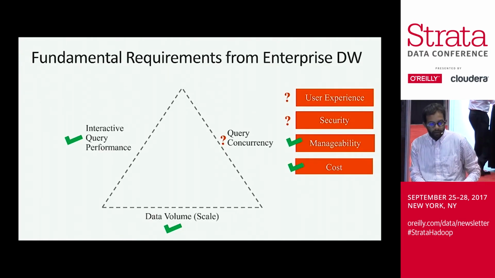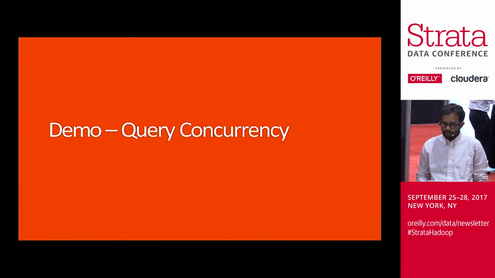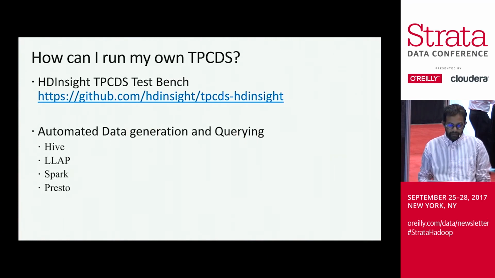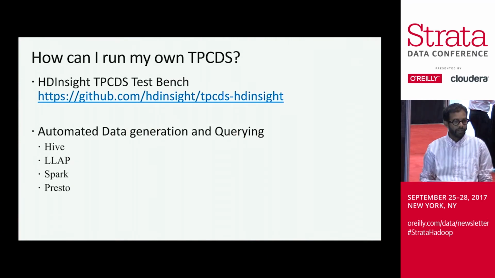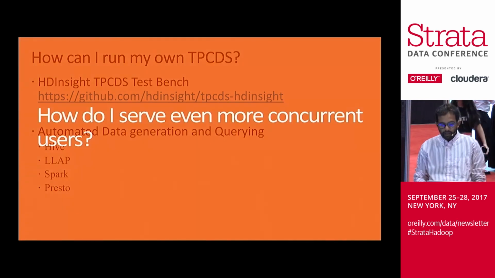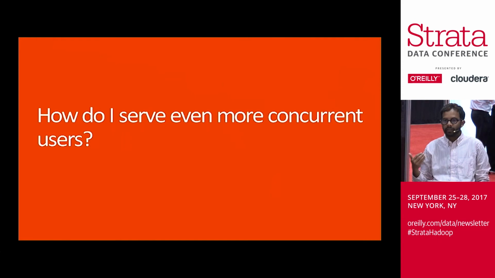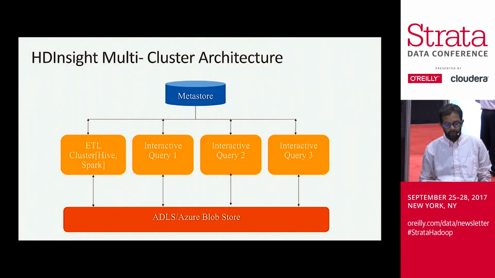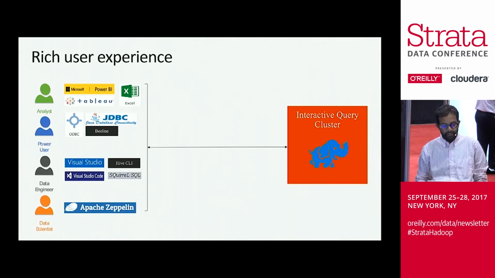I have these slides that talk about what the performance looks like, but you can run these performance benchmarks on your own. This is a URL where you can download these scripts. And you can even do more concurrent queries over the data set as well. I think you can do about 60 plus concurrent requests over the query itself.